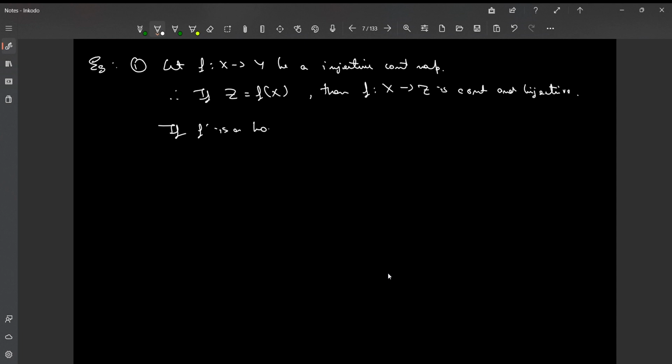Right? Now, if f dash is a homeomorphism of X with Z, then we say... or let us do one thing, let us not use the same notation f, let us use f dash, because we need to restrict f to this range, right? It won't cause a problem though.